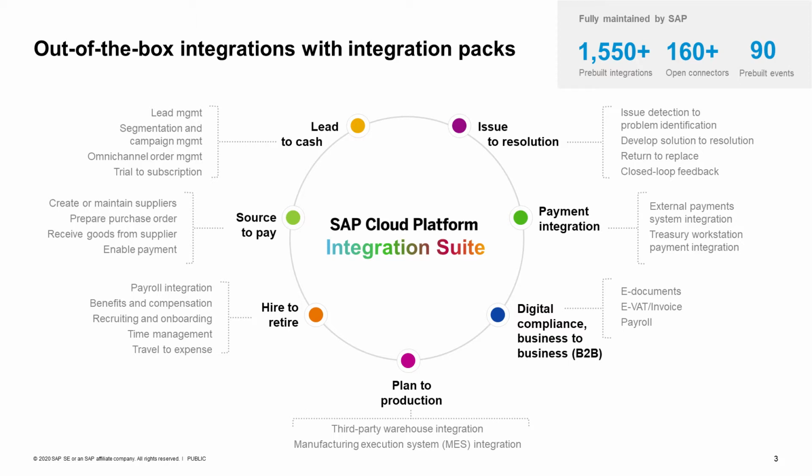It comes with a number of different pre-delivered integration packages, which we provide on the API Business Hub. There are around 450 different packages on the API Business Hub with more than 1,500 single integration flows, right? Those integration flows need to fulfill specific qualities.